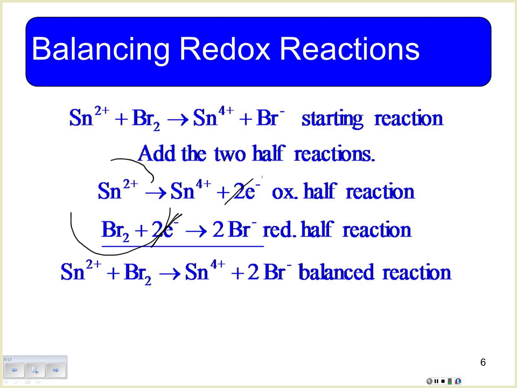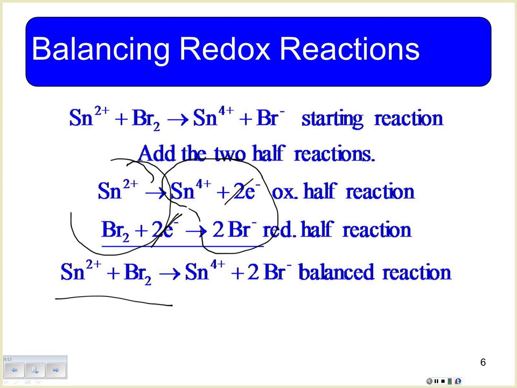So here's your reactants, you bring them down. Here's your products. Normally when I set these up, I like to put my half reactions and have the arrows match up so you don't accidentally move it over and put a product on the reactant side or get them messed up. So the balanced reaction should be this. Now you can go back and check it.